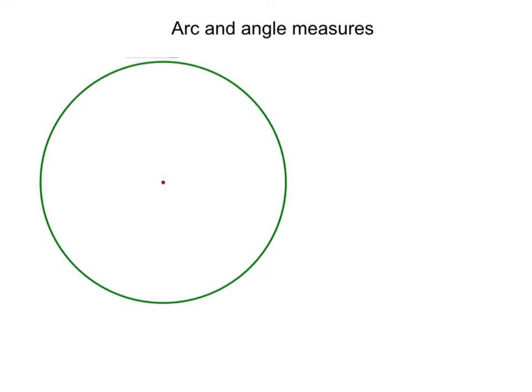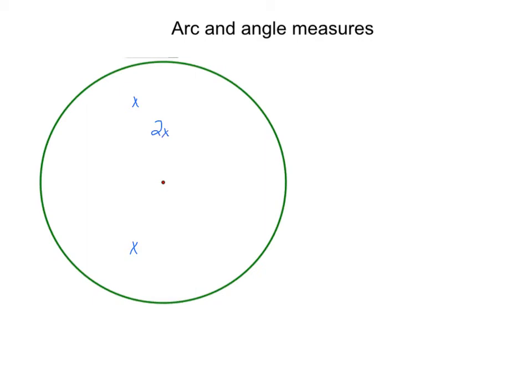I'm going to extend this green line to make a diameter. So I know that this is an exterior angle to AOC. It's exterior, which means that it is equal to the sum of the two remote interior angles. For right now, I'm going to call this X and this X, which makes this 2X.